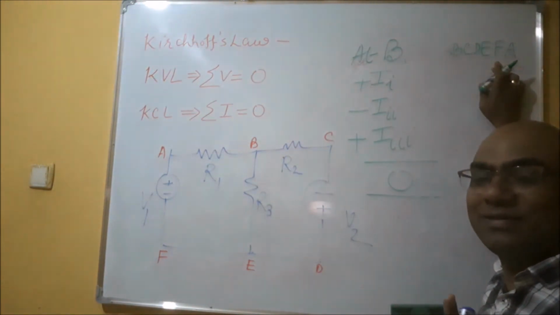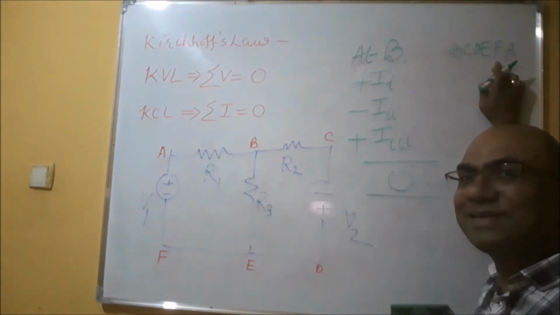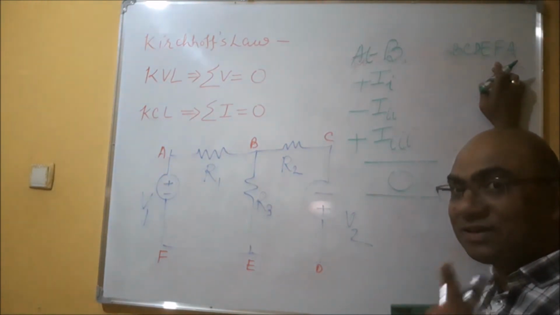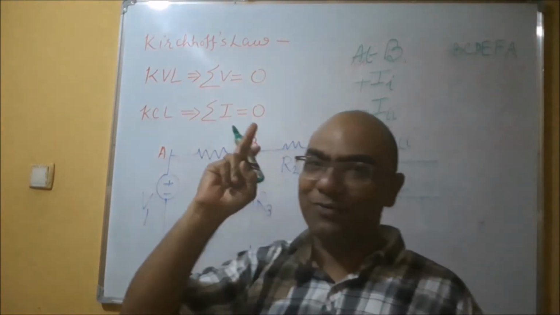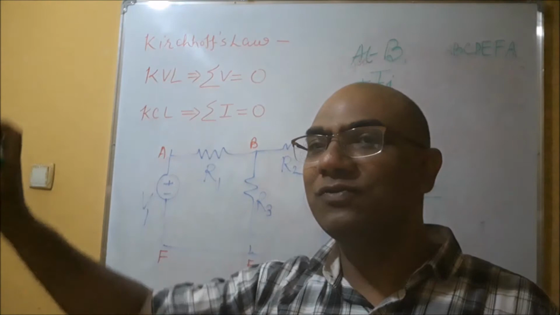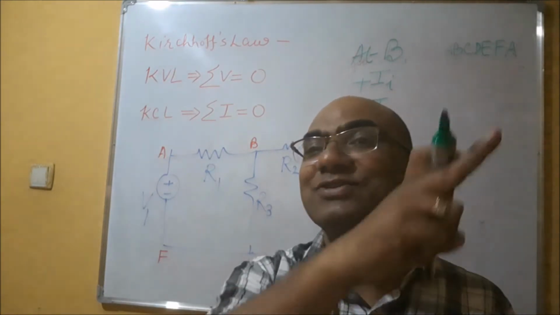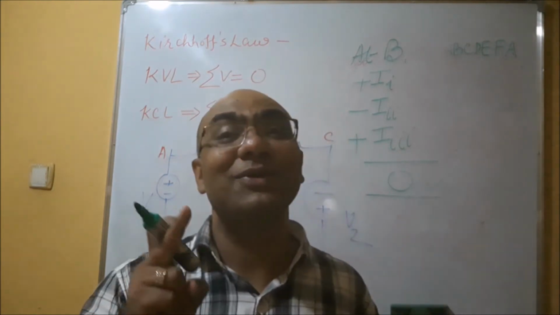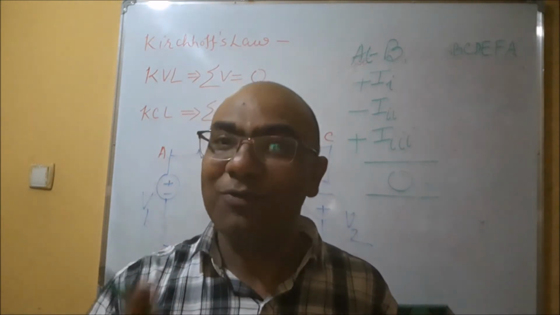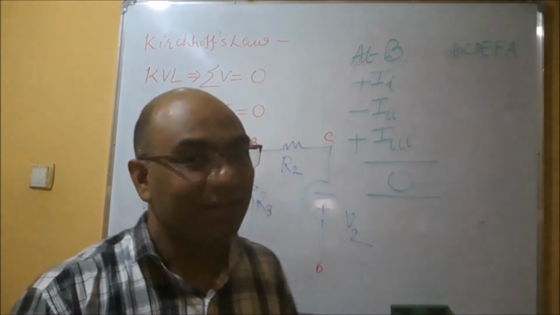So the process is, for your better understanding, you always start from a point, move, and finally reach the starting point. Then you can say that your loop is a closed path or mesh is a closed path. Is it okay?